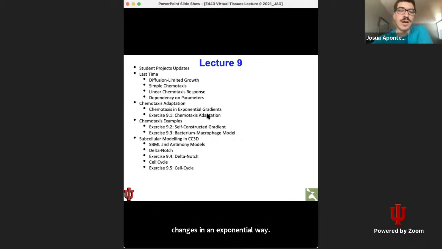And then we will explore a couple of examples of chemotaxis and how they can be used to model different types of cell movement and reproduce at least a model of bacterium macrophage interactions. And then after that, James will take over and talk about the subcellular modeling in CompuCell in CC3D. Specifically with respect to the Delta-Notch model and a cell cycle model.